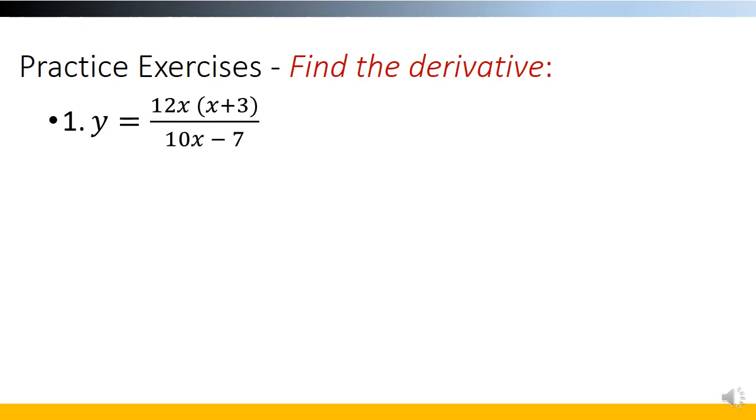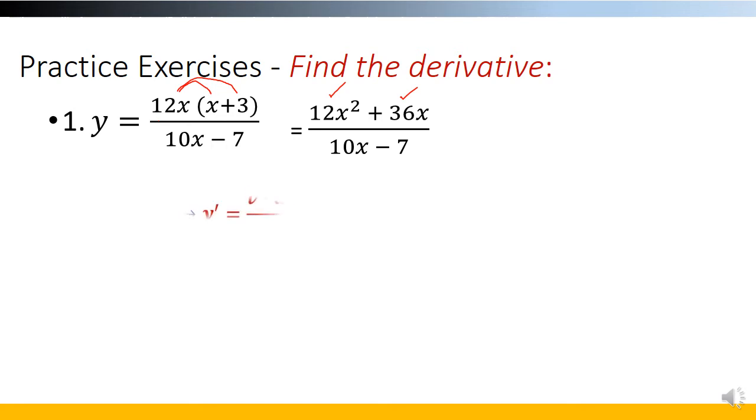For number 1, we are given with a quotient. Okay, but more importantly, it's important that we simplify our numerator para mas madali na siyang i-differentiate. So you notice this is now written as 12x squared, okay, plus 36x coming from the product of this. Okay, ayan.